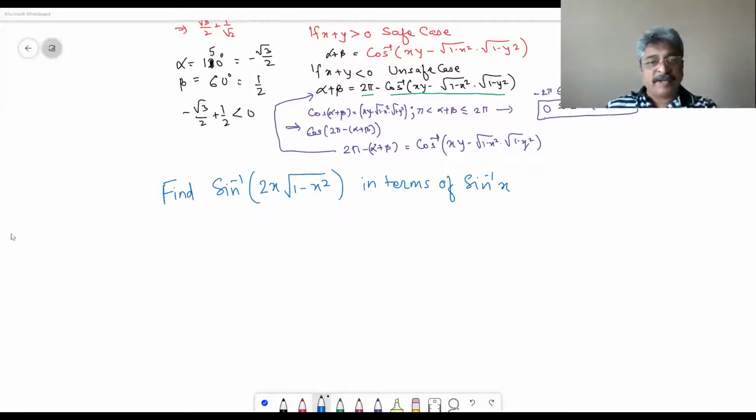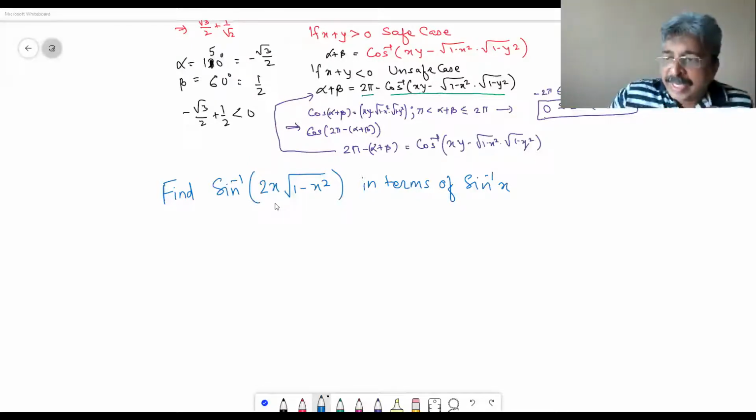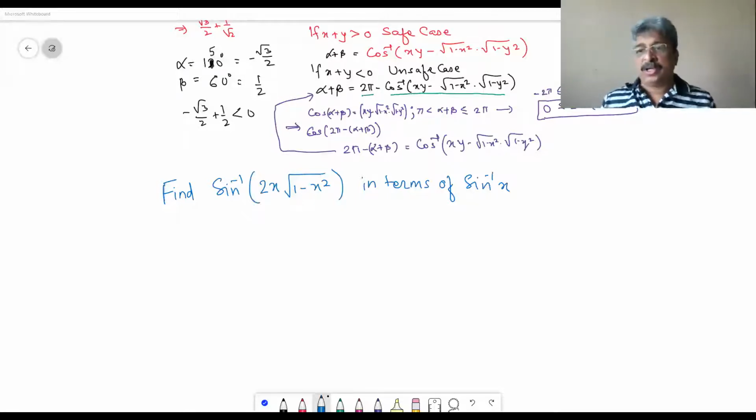So this problem is a little difficult because it talks about double angle, because this is sine inverse of 2 theta, something like that. Double angle, the moment you make the angle double, you have a chance of entering into the unsafe zone.